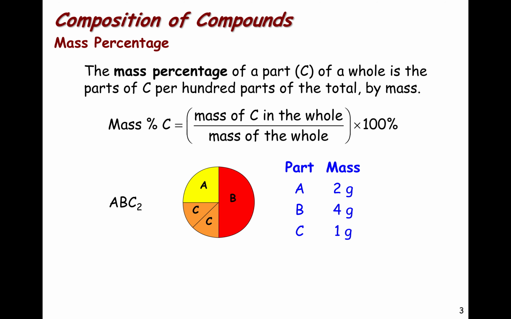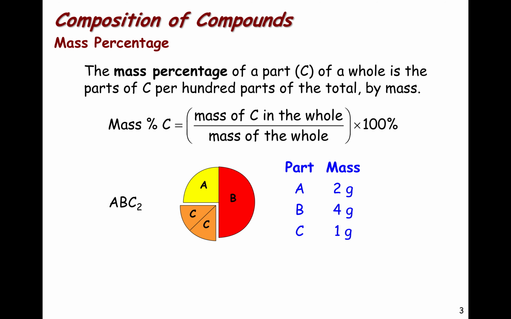If you had a formula of 1A, 1B, and 2 C's, that would represent the pie chart that you see here, and so it would turn out that the pie would be divided into a portion where half of it would be B, a quarter of it would be A, and there would be 2 slices representing the C together, representing about a quarter of the pie graph.